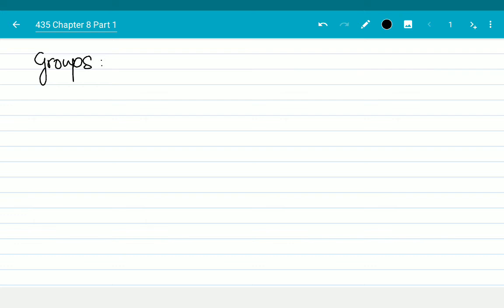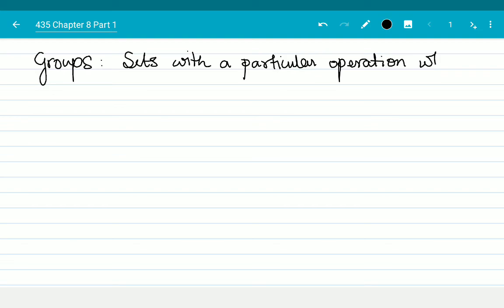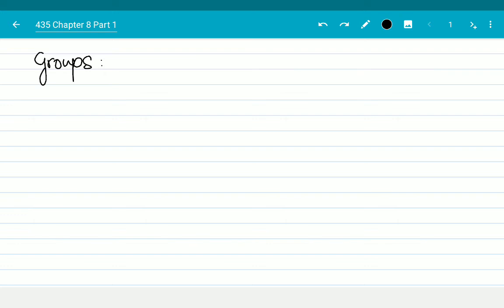Okay. So what are groups? Groups are sets with a particular binary operation. Let me be slightly more precise.